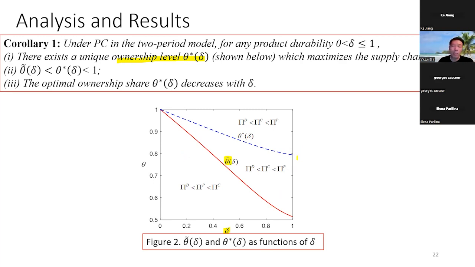Now, in our model, we also assume passive ownership, that means although I own, say, 80% of the retailer, I'm not going to directly affect their decision, which may not be realistic.